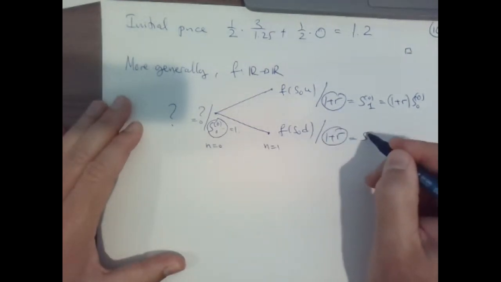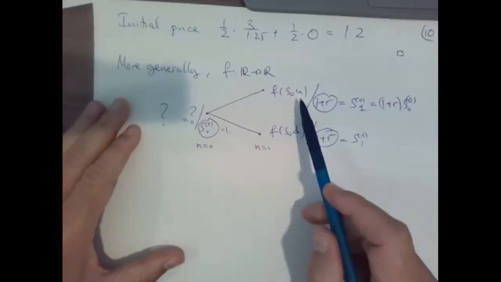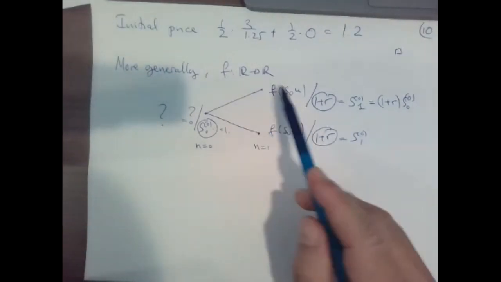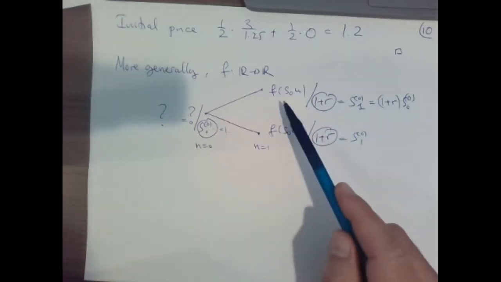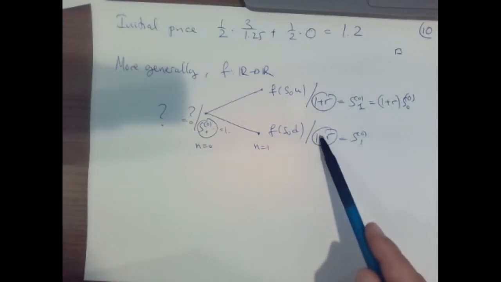Right, so we were interested in pricing the payoff f composed with S1. Currently, we can be interested in pricing the payoff where we denominate everything in terms of the money market account.